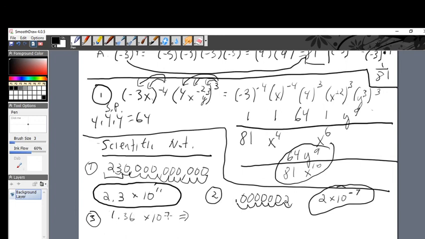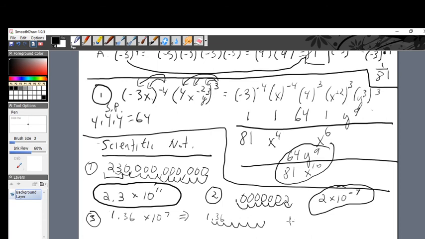So it says 7 next to the 10, right? So then, right after the 1.36, you move the decimal place. Right after the 1, you move it 7 digits. 1, 2, 3, 4, 5, 6, 7. And you fill all of them in with zeros.